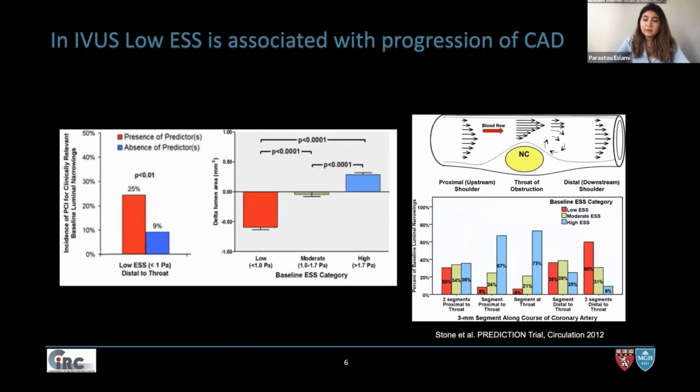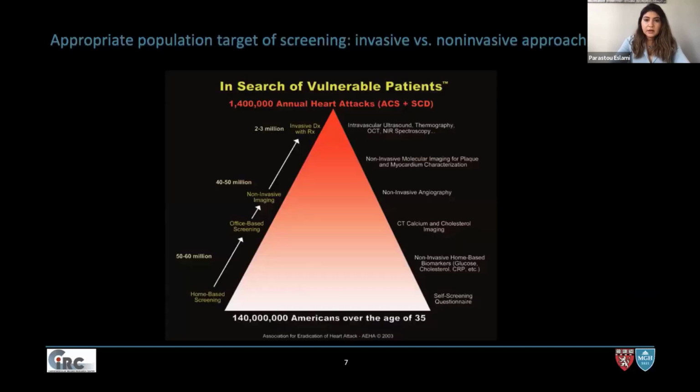We have also seen from other studies that high ESS is associated with MACE. So there is a discrepancy there about what is responsible for what, but ESS has been proven to be a very important hemodynamic factor on top of FFRCT, giving us more depth on the relationship with the morphology of the plaque rather than just the physiology itself.